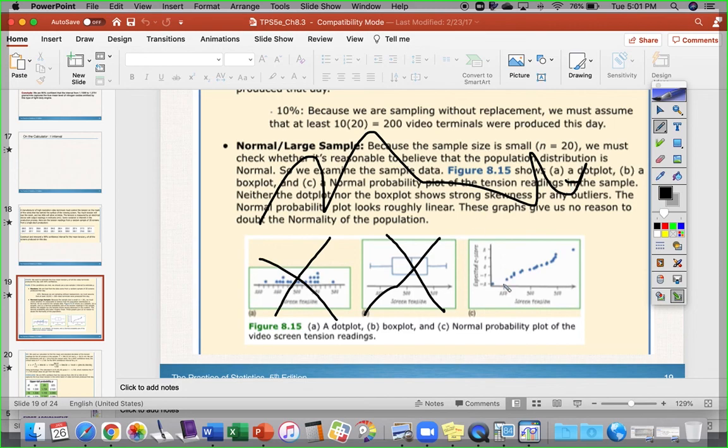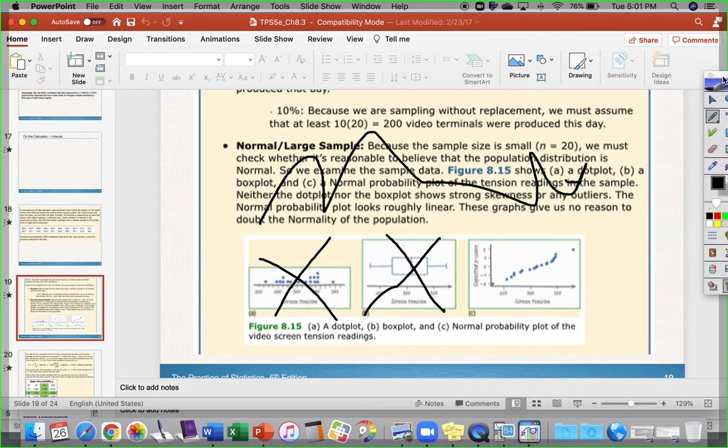What we would do is we would draw a normal probability plot to check normal or large counts or safe to use t.